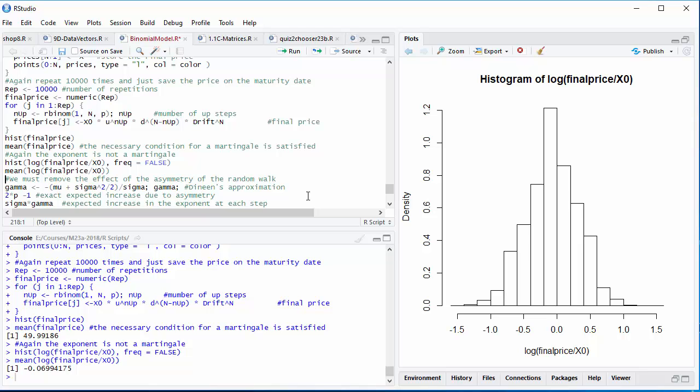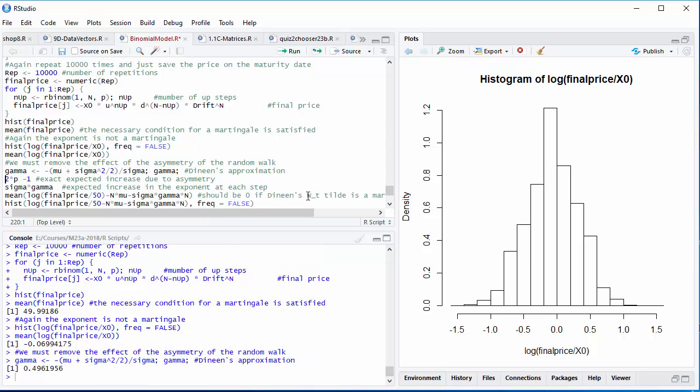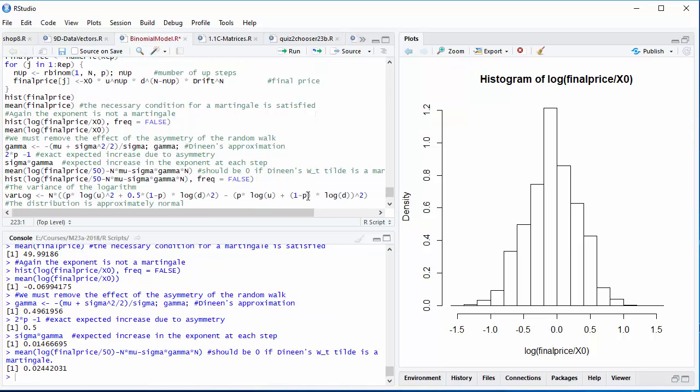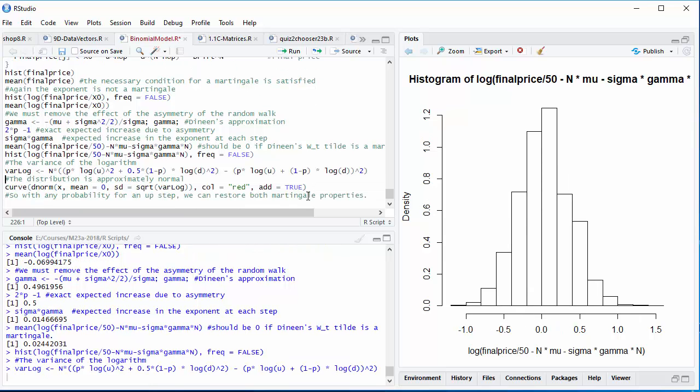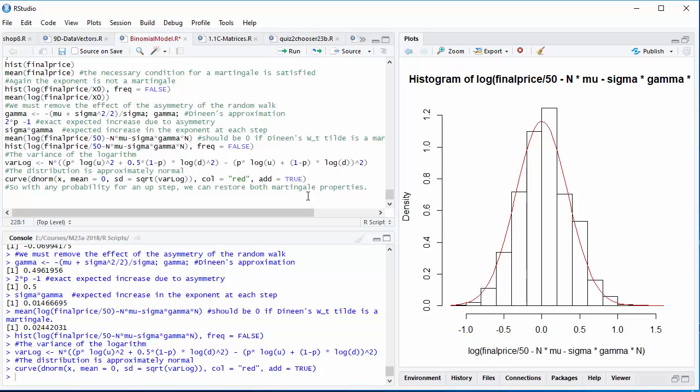The exponent is not a martingale because although I've got a random walk with steps of equal size up and down, the probability is higher for the upstep. And either by using Deneen's gamma or the exact value 2p minus 1, I can correct for that and display a histogram of corrected logarithms that matches up beautifully with the normal distribution.